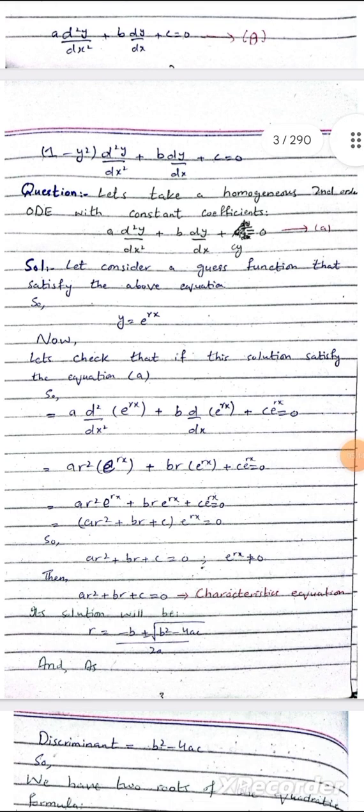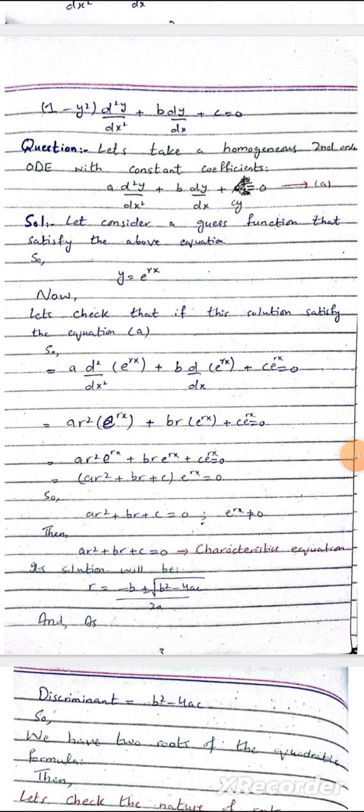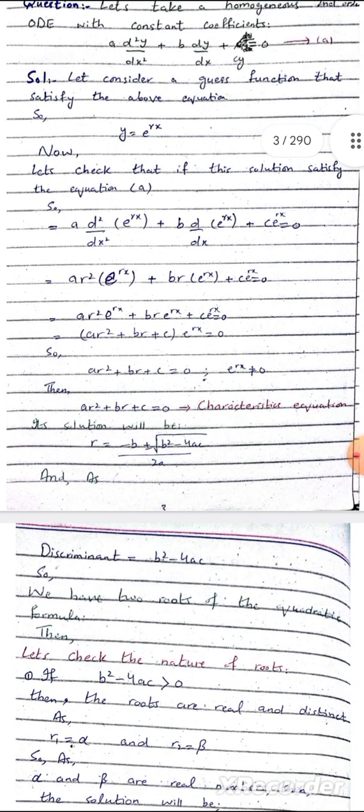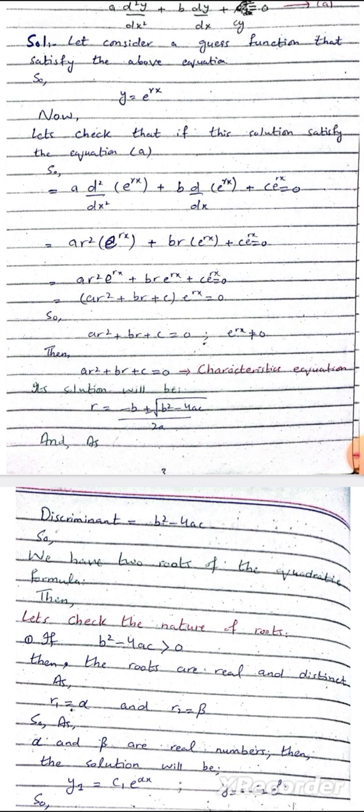By solving, we obtain the characteristic equation a r² plus b r plus c is equal to 0. Solving further, we obtain r is equal to minus b plus or minus the square root of b² minus 4ac, divided by 2a.